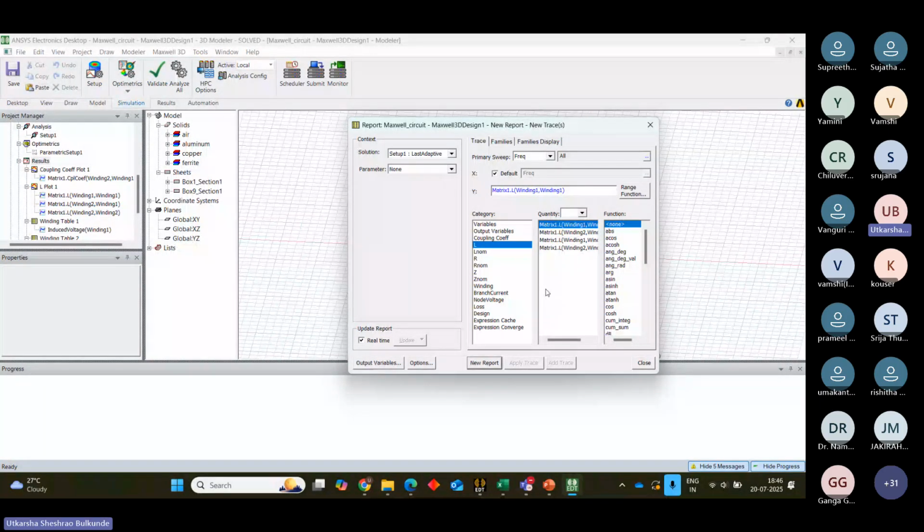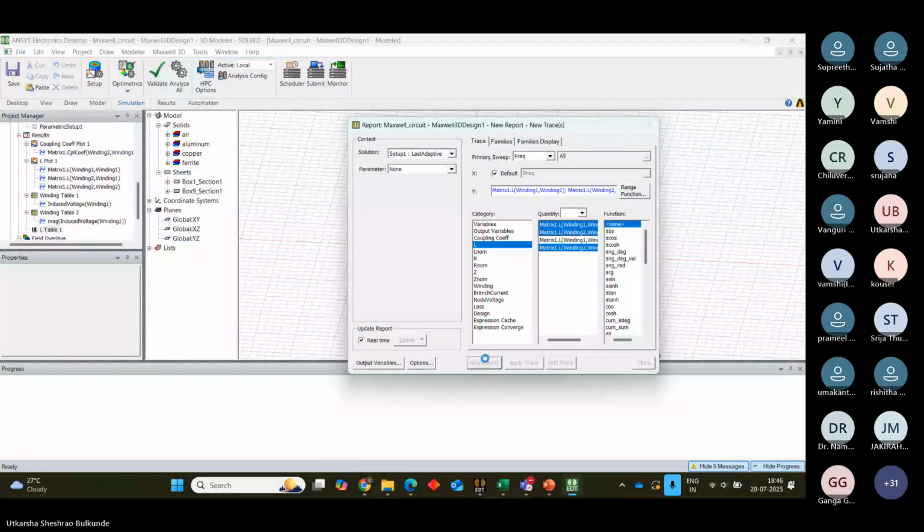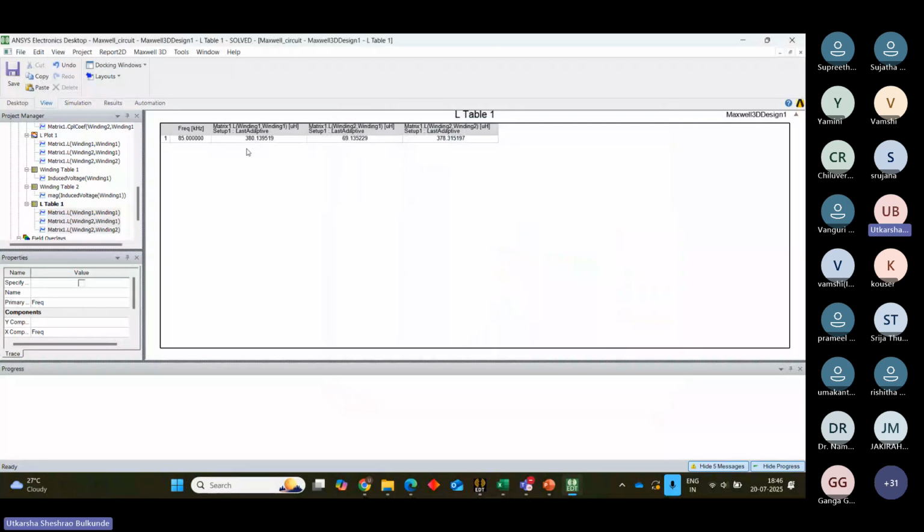What we need is the self-inductance of the primary coil, mutual inductance, and self-inductance of the secondary coil. What is the self-inductance of the primary coil? L1 is 380.139 microhenry, right?